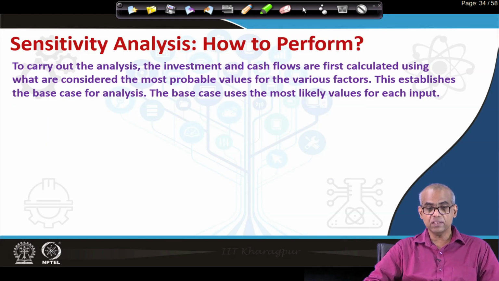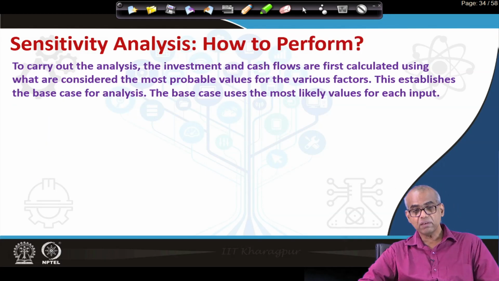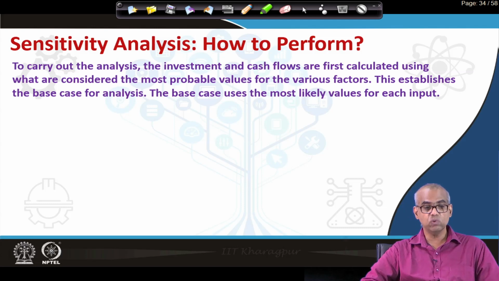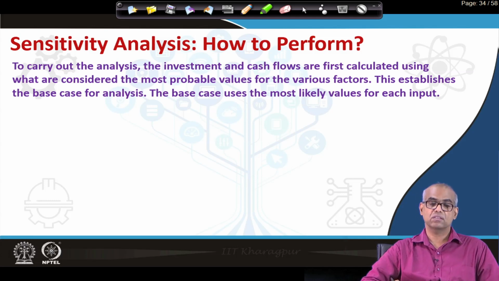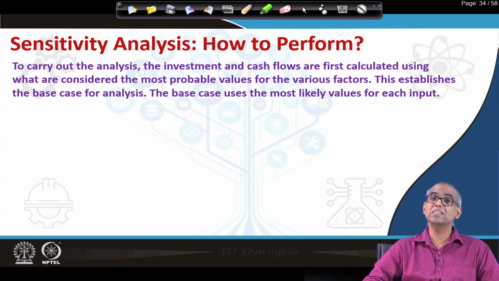To carry out the analysis, the investment and cash flows are first calculated using what are considered the most probable values of the various factors. This establishes the base case for analysis. The base case uses the most likely values for each input. So, to perform sensitivity analysis, first you get the base case.